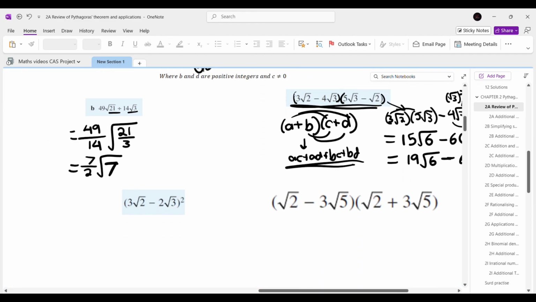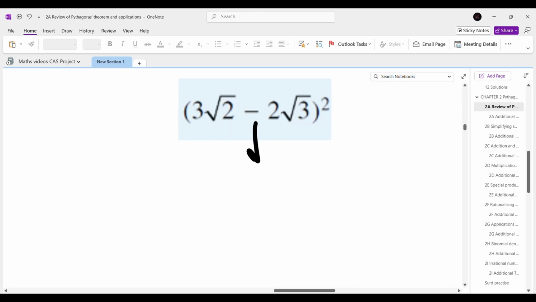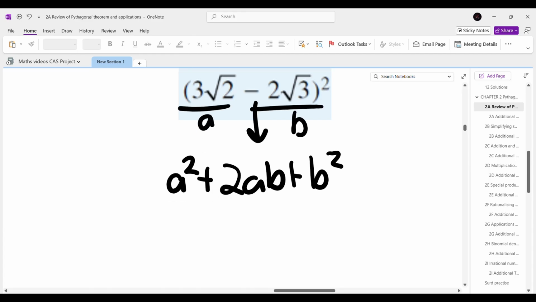Now, when it comes to expanding squares, it's quite similar. Remember, your square formula is a squared plus 2ab plus b squared, if we're assigning this to be the a value and this to be the b value.